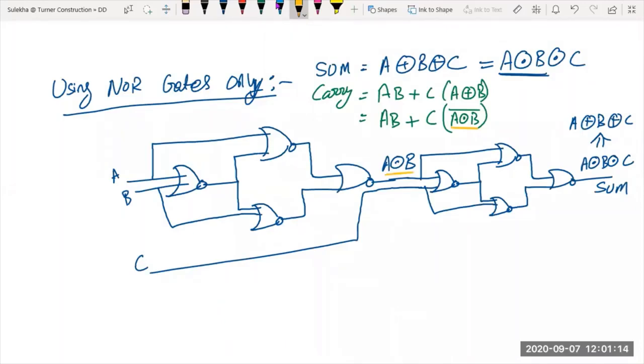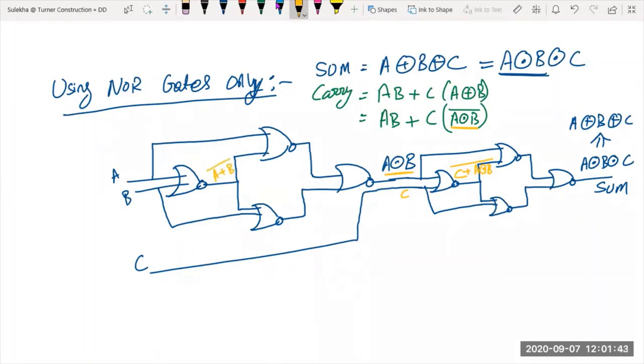So if I go here, I have this one as C, so this is C plus A XNOR B whole bar. I have this part, and if I realize from here, I am having A plus B whole complement.